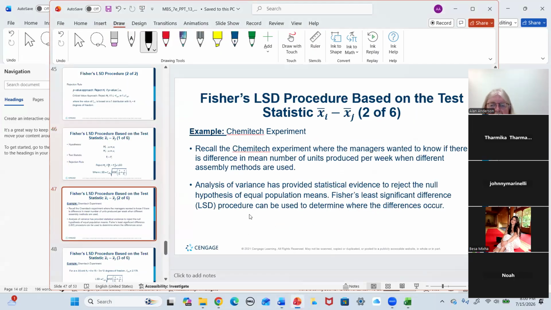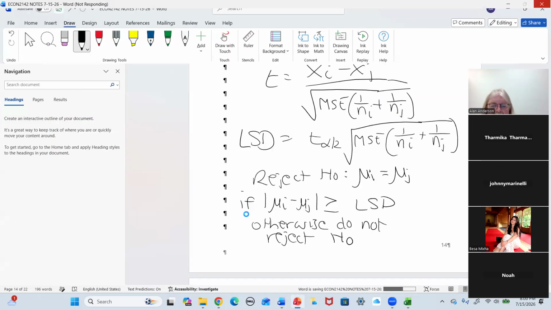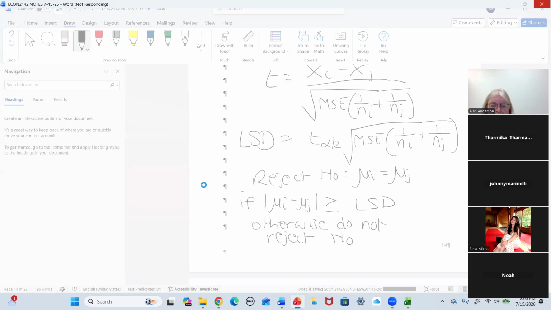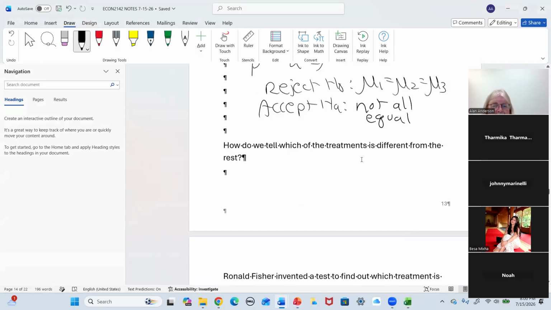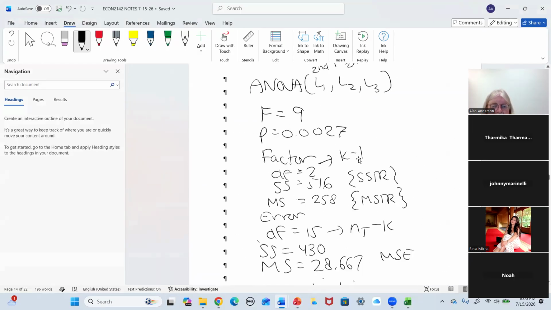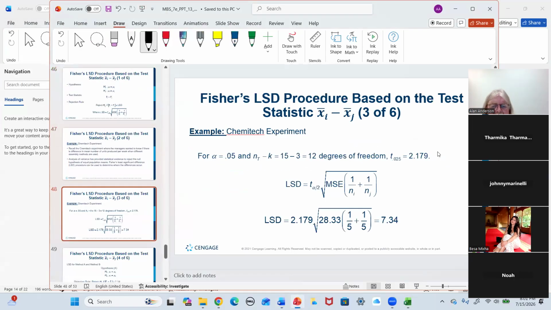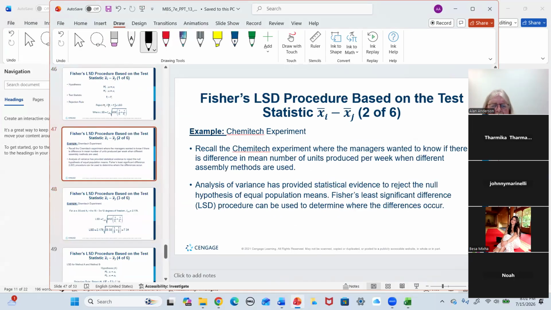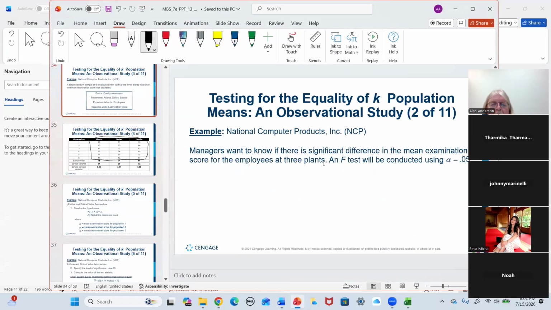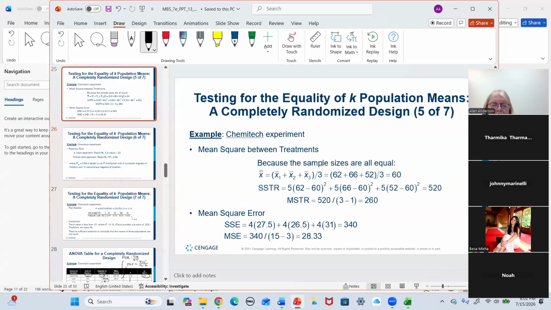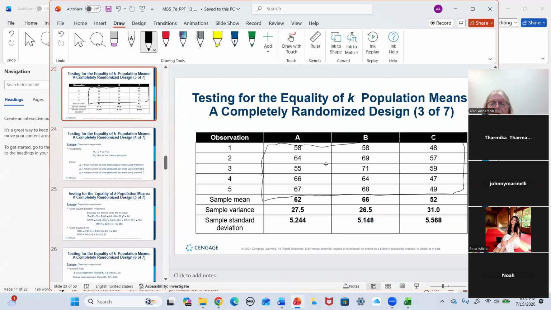Let's see, do they have one here? Oh, here's Chematech again. Let's go revisit Chematech, because we do need the data. Which one is Chematech? Let me make sure I remember which one is Chem. Okay, here we go. Oh, yes, ABC. All right, that's Chematech.